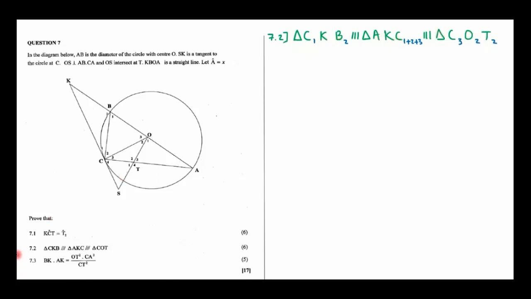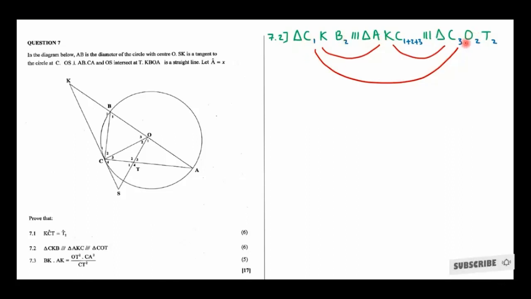All right. Now, when you're proving three triangles that are similar to one another, all you have to do is to prove that this is similar to that, right? And that is similar to that, right? Because if this is similar to that and that is similar to that, then automatically this will be similar to that, right? So you can use one of these three options to prove. So it can either be CKB with AKC, and then secondly, it can be CKB with COT.